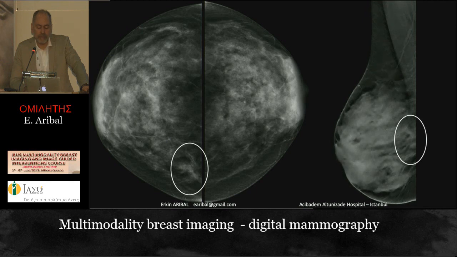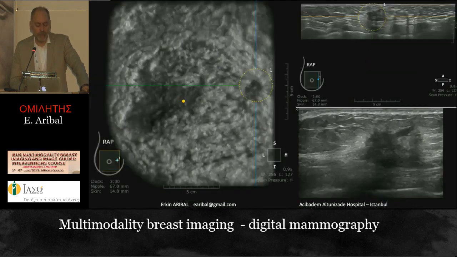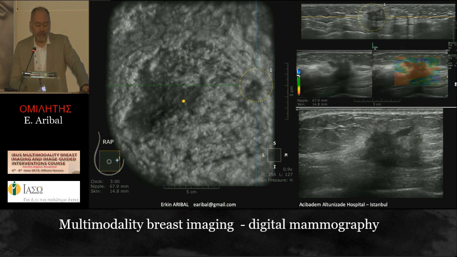It's playing now. You see the slices are coming. Here is the spiculated mass, and this is the ABUS coronal image and the transverse ABUS image, and the handheld ultrasound with elastography shows that it's stiff.